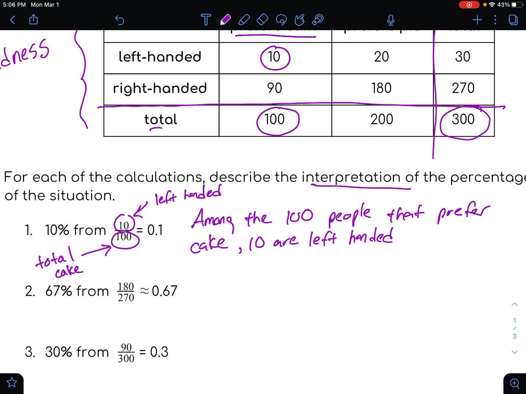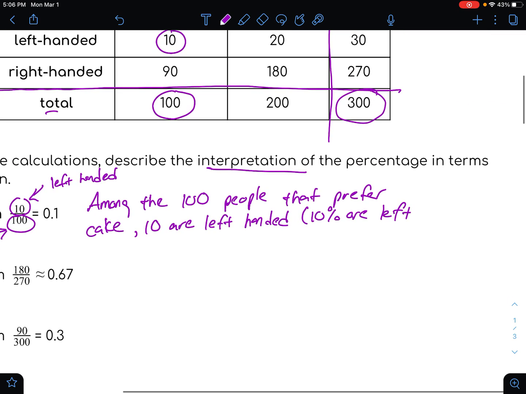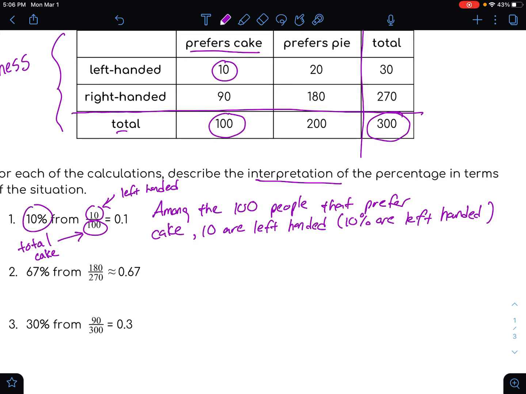All right? In other words, 10% are left-handed. Ten out of 100 is 10%, or 0.1 as a decimal.